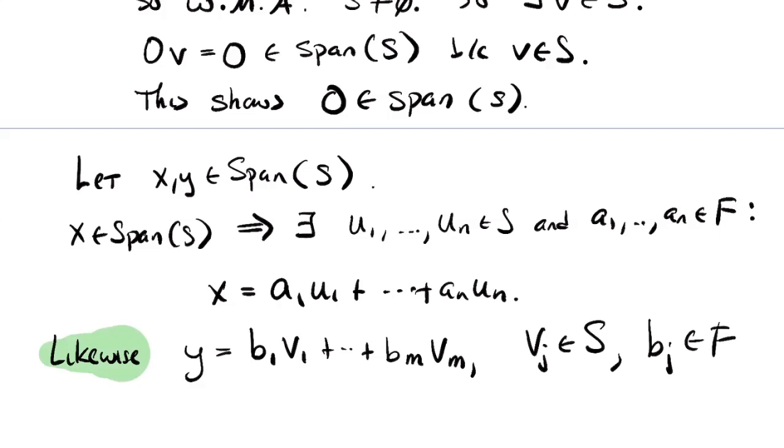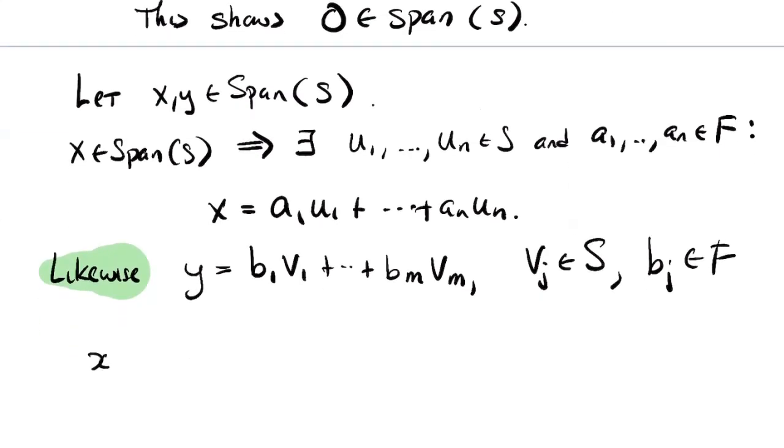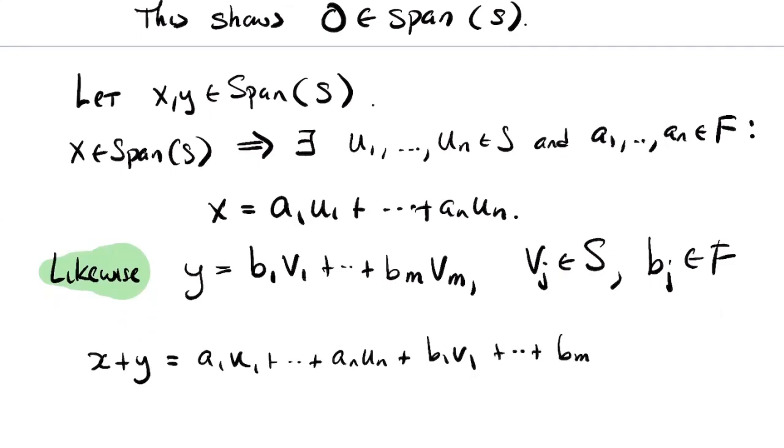Okay, well then if we add X and Y, you add these two linear combinations, just stick them next to each other, AN UN plus B1 V1 up to BM VM. And now look at that thing.